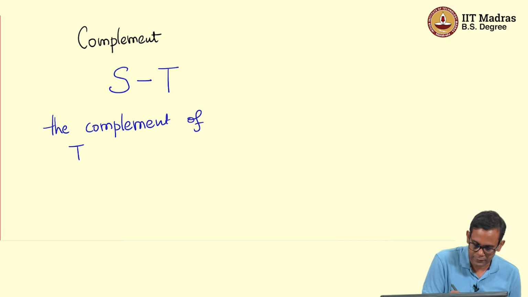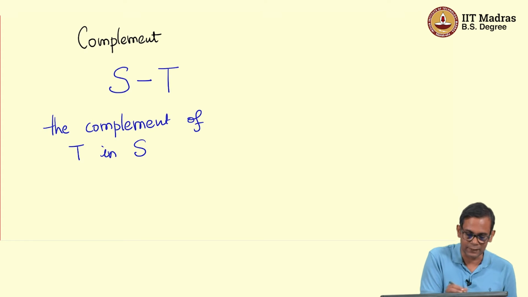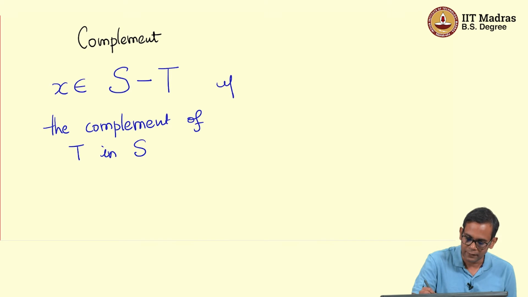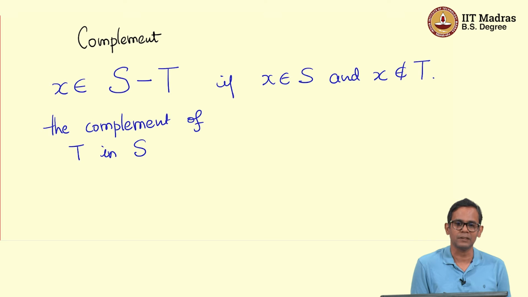I have to give you a rule for when an element x is in S minus T, and the rule is: x belongs to S minus T if x belongs to S, but x does not belong to T. Those elements of S which are not in T are elements of S minus T.